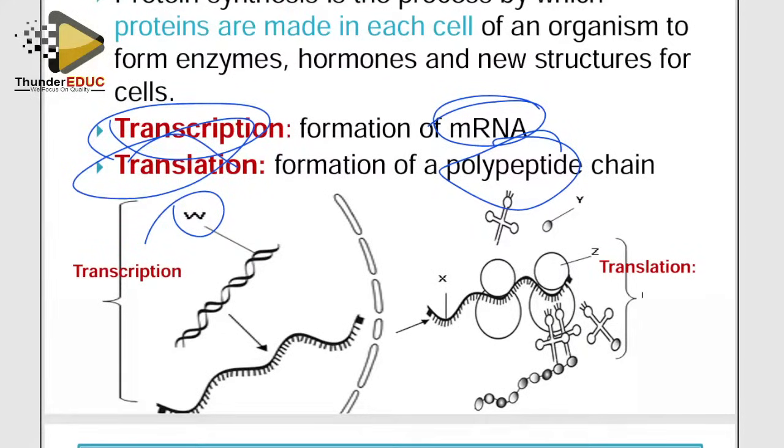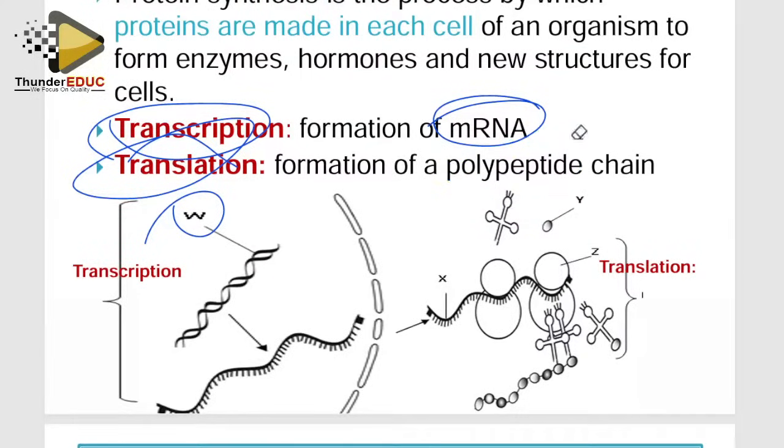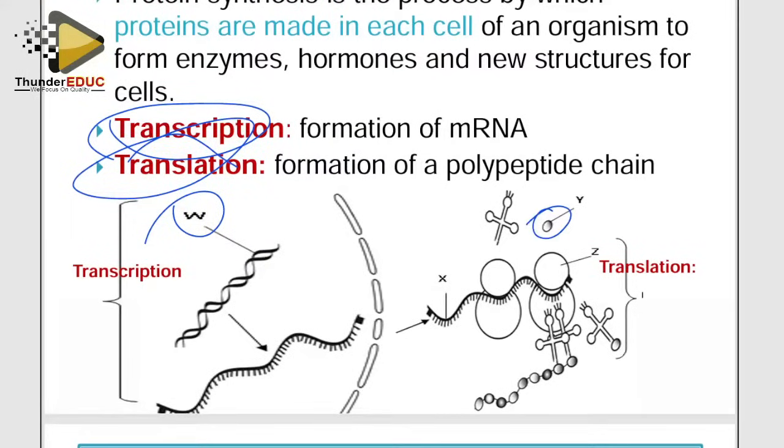If you get it wrong, then it means that you need to know it better. All right, let's continue. What is W? W is the DNA molecule. Yes. What is Y? Y is amino acid. What is Z? Z is the ribosome. And then what is X? X is the messenger RNA.